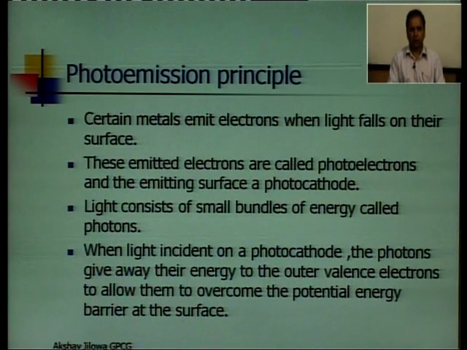Light consists of small bundles of energy called photons. When light is incident on a photocathode, the photons give away their energy to outer valence electrons to allow them to overcome the potential energy barrier at the surface.